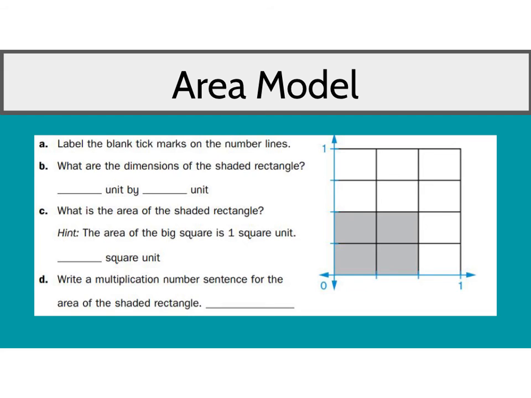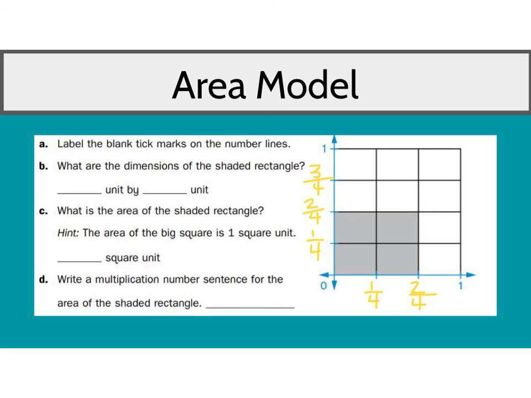Once again, we're going to label the tick marks on the number lines. As we look at those, we have 4 squares once again, so we are going to label with 4 as our denominator. So 1/4, 2/4, 3/4, and again on the bottom, 1/4, 2/4.